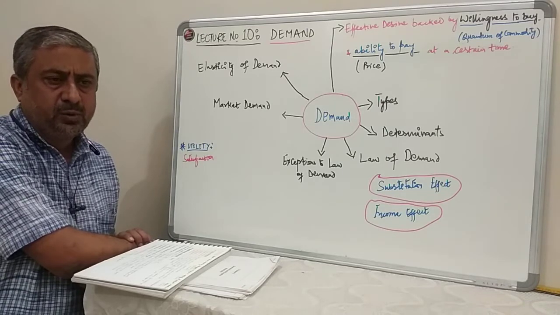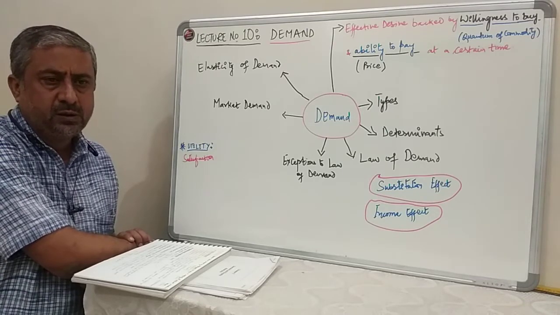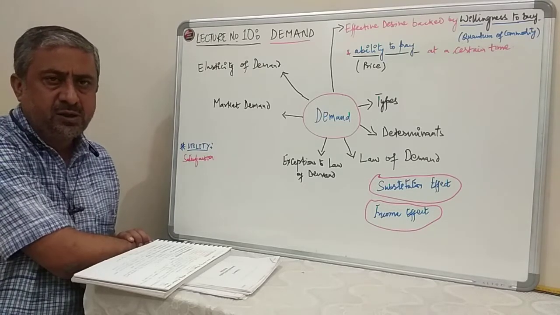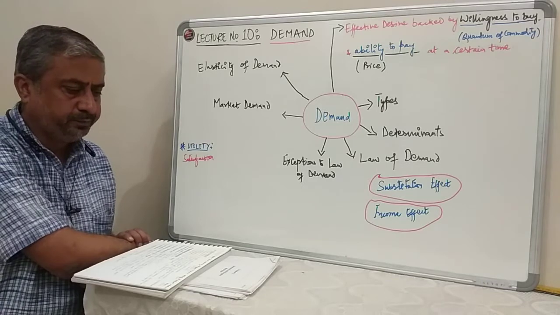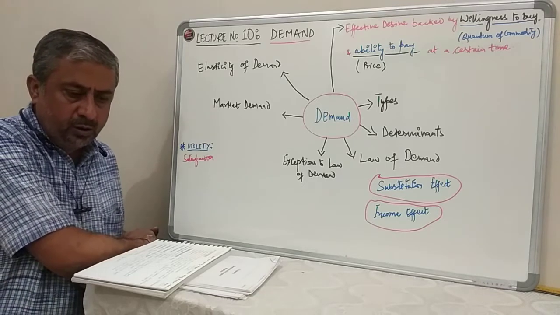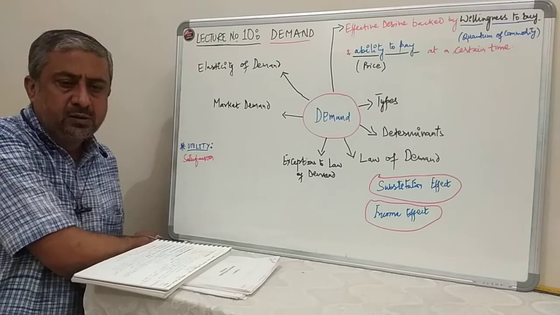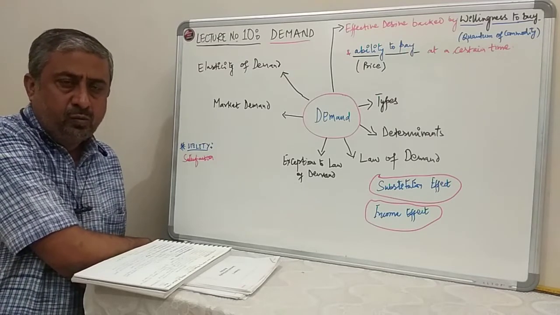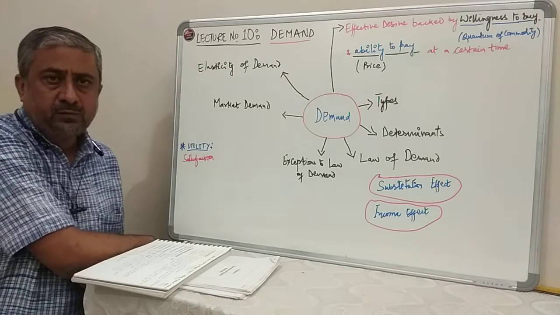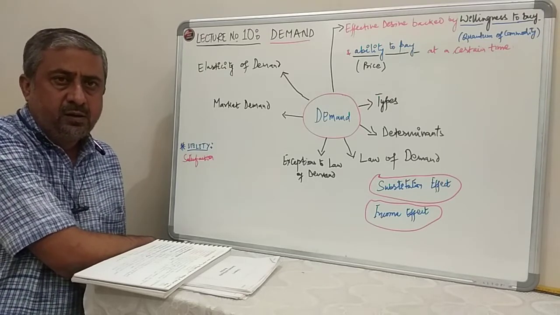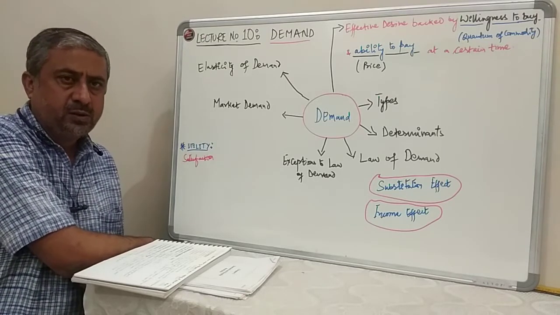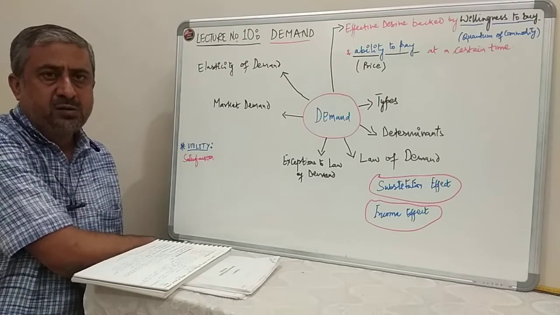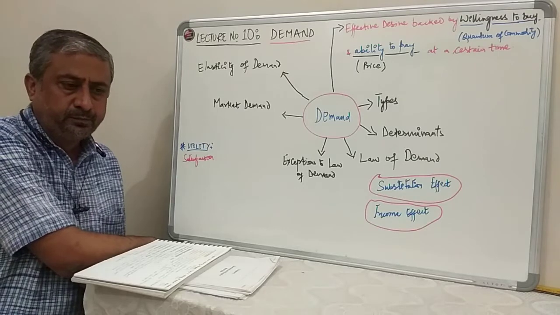All the economic activity revolves around three aspirations, that's needs, wants, and desires. What you need is mass produced. What you want is selectively produced, and what you desire is produced on demand.